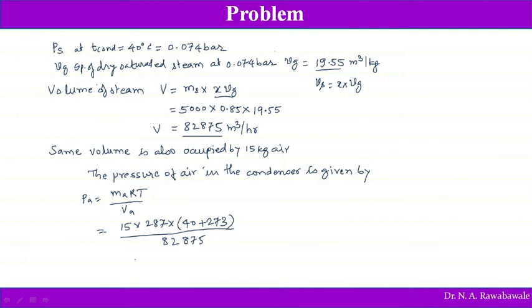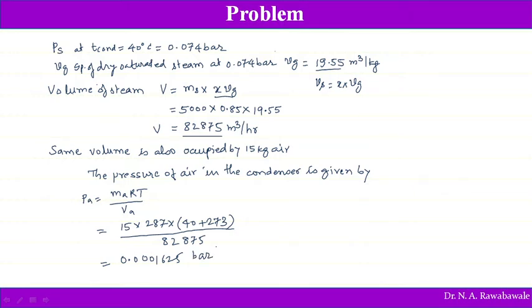So on calculation we get the partial pressure of air as 0.0001626 bar.